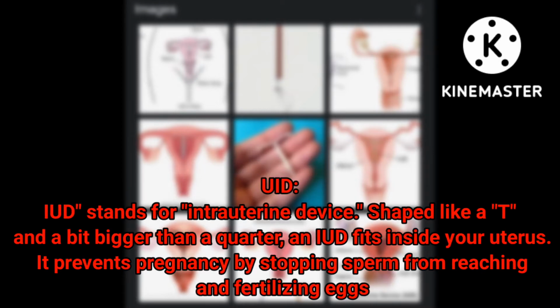IUD stands for intrauterine device, shaped like a T and a bit bigger than a quarter, and an IUD fits inside your uterus. It prevents pregnancy by stopping sperm from reaching and fertilizing the egg.